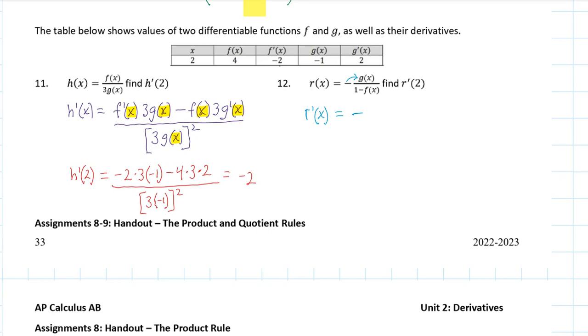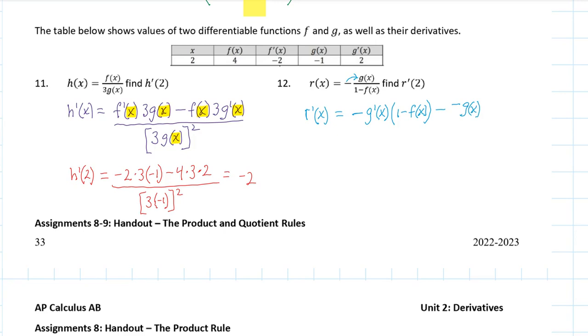I need the derivative of the top, so that's negative g prime of x times the bottom, which is 1 minus f of x, minus the top. Remember it's negative g of x times the derivative of the bottom.